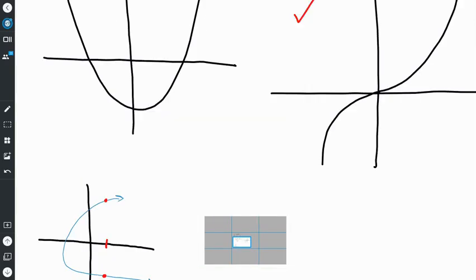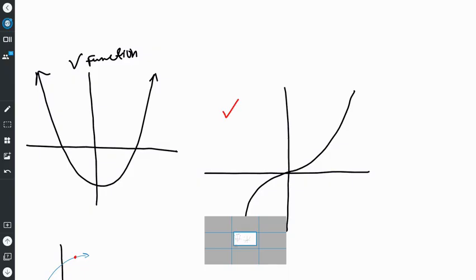So these two right here that are functions, one of them will not have an inverse function. All of these do have an inverse, but the inverse for one of these will not be a function. Which one would it be? Would it be the parabola or the cubic? The cubic, you say it will be a function, an inverse function, or not an inverse function?